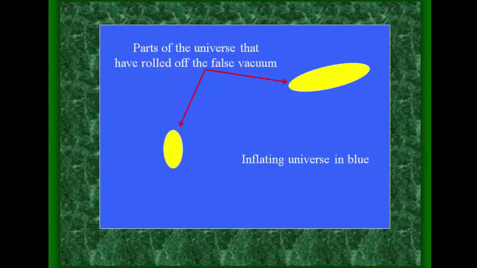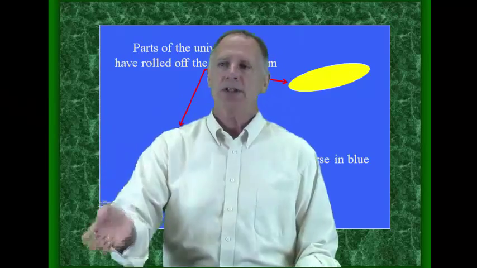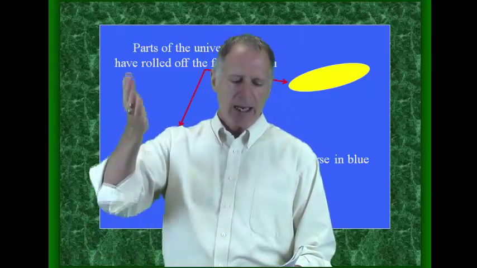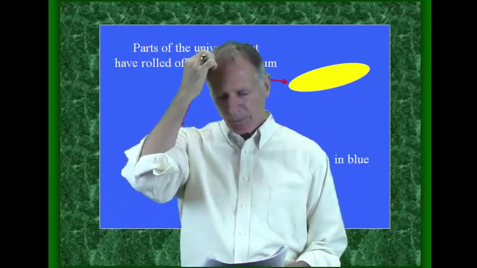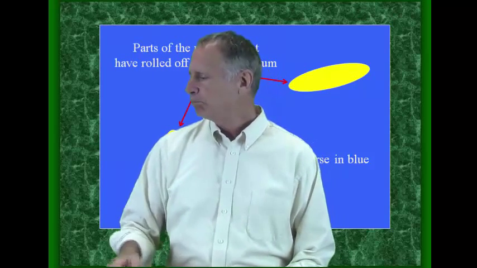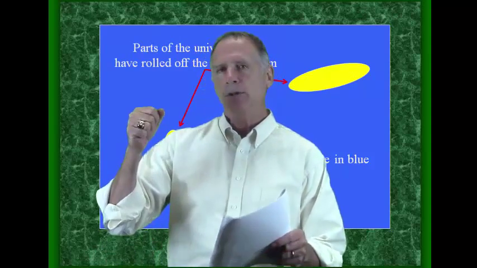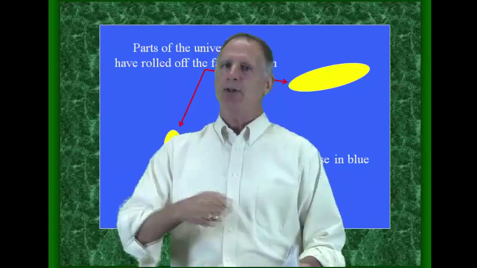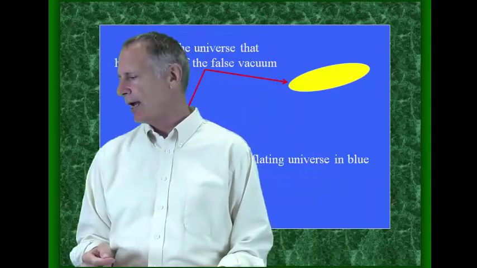So we can have all these sections of space that have gone off of the top of the Mexican hat, and they've stopped expanding, but they have forced nature, if you will, to have physical properties in the way it fell off of the top of the Mexican hat.